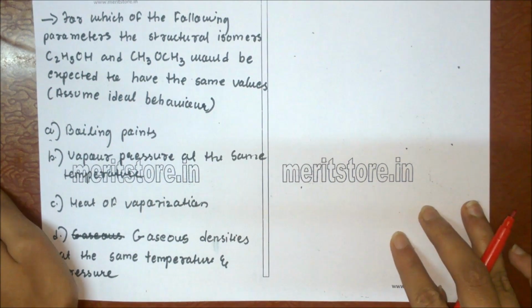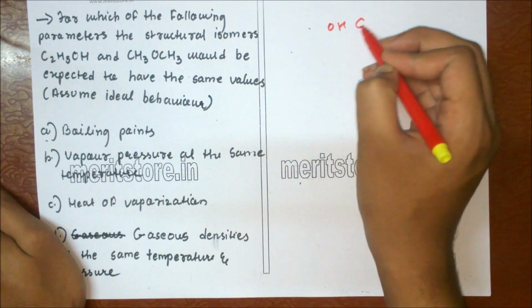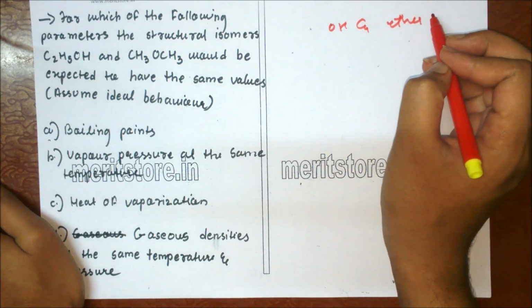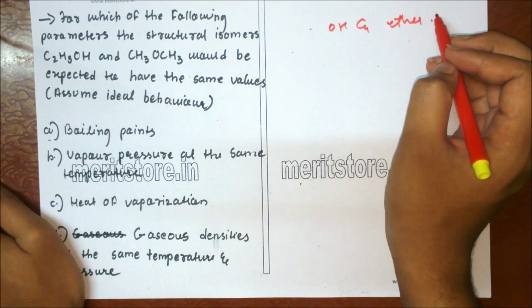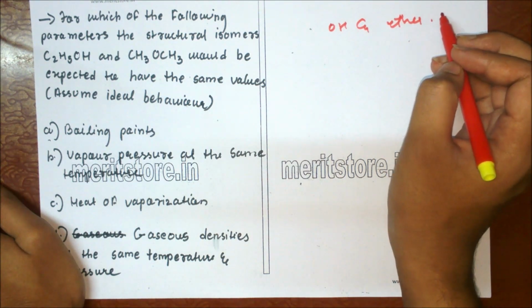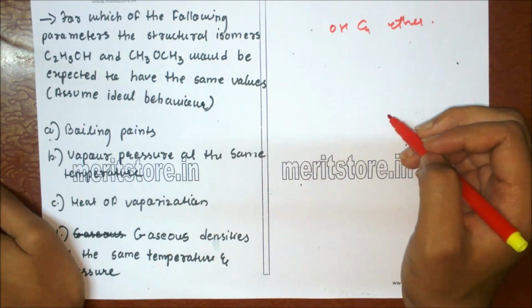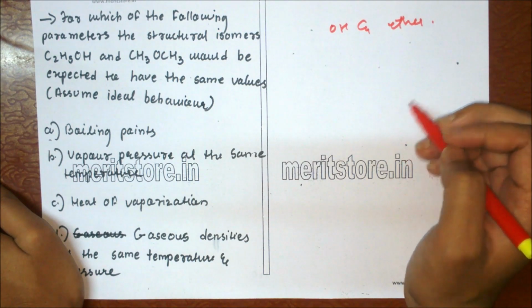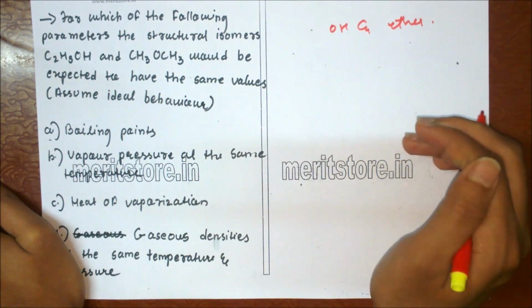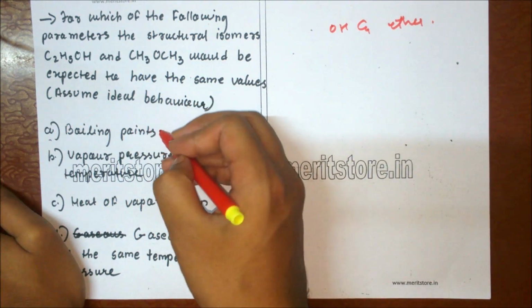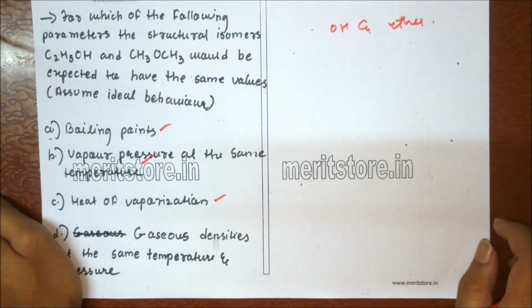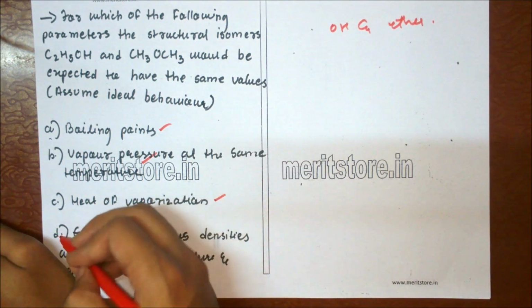The gaseous density of both alcohol and ether would be the same under identical conditions of temperature and pressure, while the other three properties, that is vapor pressure, boiling point, and heat of vaporization, will differ, as ethanol has hydrogen bonding whereas ether does not. So option D is the correct answer.